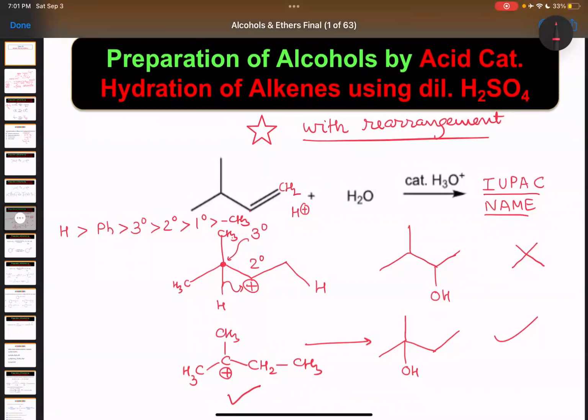So Memuna and Vamsi, is there any other way in which we can do the Markovnikov addition of water on a double bond and there is no rearrangement? Is there any way to do that?